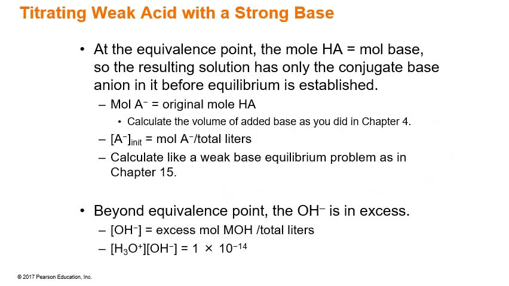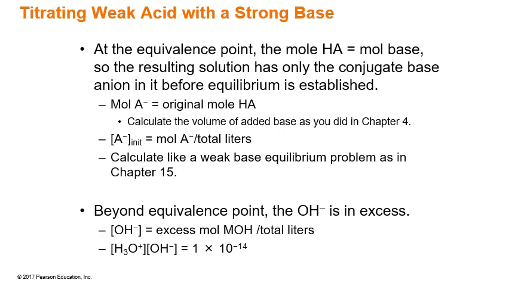At the equivalence point, the moles of the acid exactly equal the moles of the base. So the weak acid has been completely consumed. This results in only the conjugate base being present in the solution. And so we can calculate using the weak base what the pH is at the equivalence point.